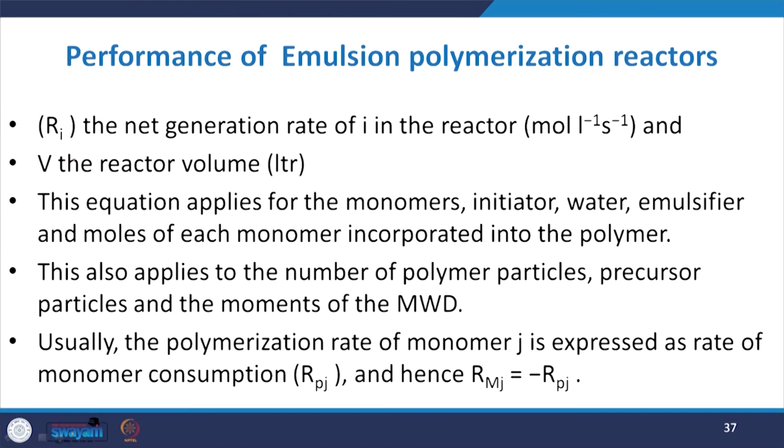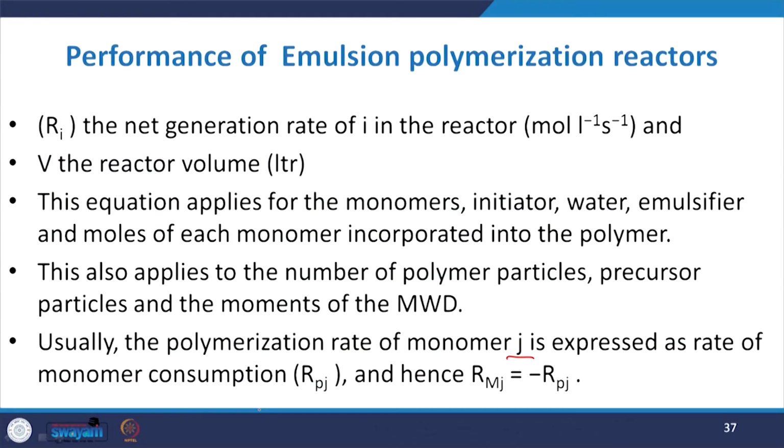Now Ri is the net generation of I in the reactor, and that is having the unit of a mole per liter second, and obviously the V is the reactor volume. Now this equation applies for the monomer, initiator, water, emulsifier, and moles of each monomer incorporated into the polymer.